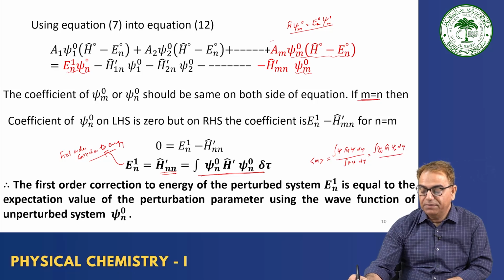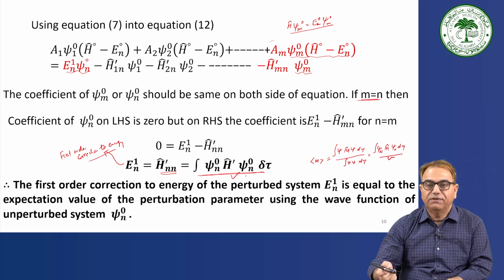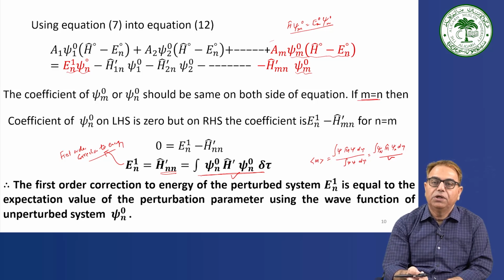So compare this equation with this equation; it is the same equation. We have an operator in between, and on both sides you have psi n naught, which is the normalized wave function for the unperturbed system. So the denominator will be equal to 1. It means it gives you the expectation value corresponding to the H prime operator.